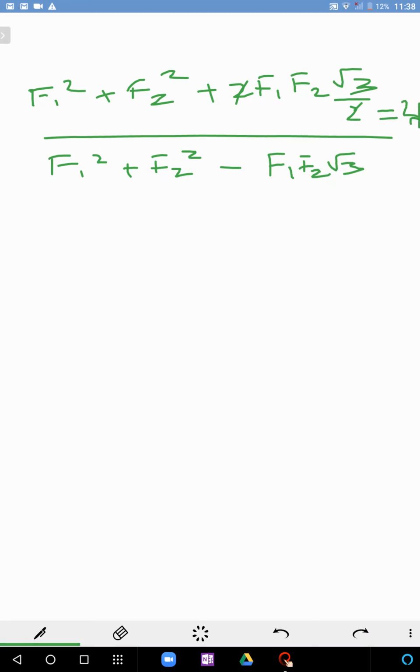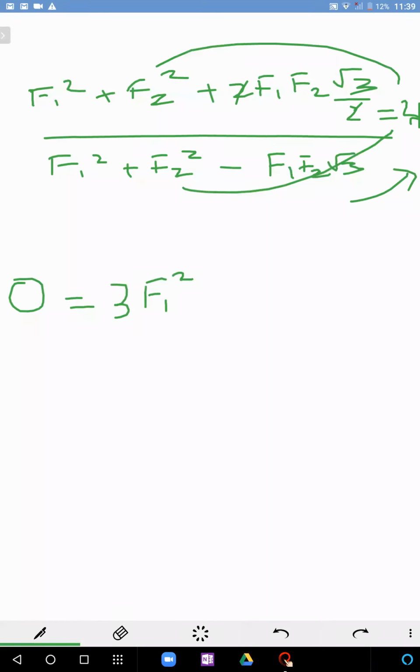ओके, फिर इसने क्या किया होगा, इसको क्रॉस मल्टीप्लाई किया होगा. ठीक है, you take this to the other side and then bring all terms to one side. So if you see that, what you'll get is, if I take f1 square over here, I'll get 4f1 square minus f1 square as 3f1 square. Agreed? 4f2 square minus f2 square as 3f2 square.